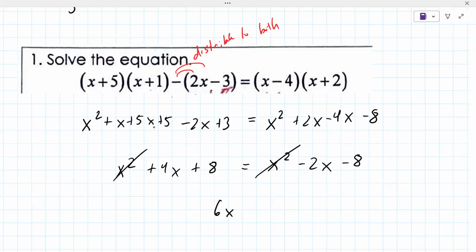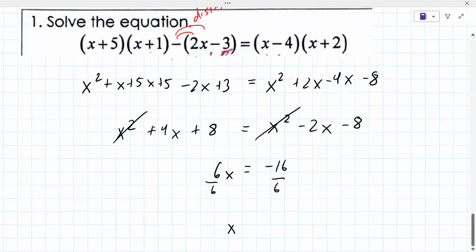It becomes 6x equals minus 16, divided by 6. You do have to reduce your x equals minus 8 over 3 like that. When you got minus 17 over 6, it doesn't reduce.